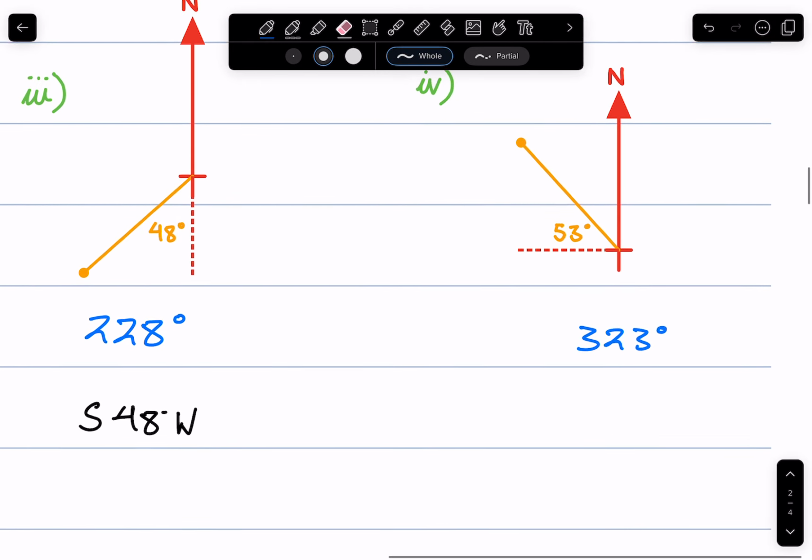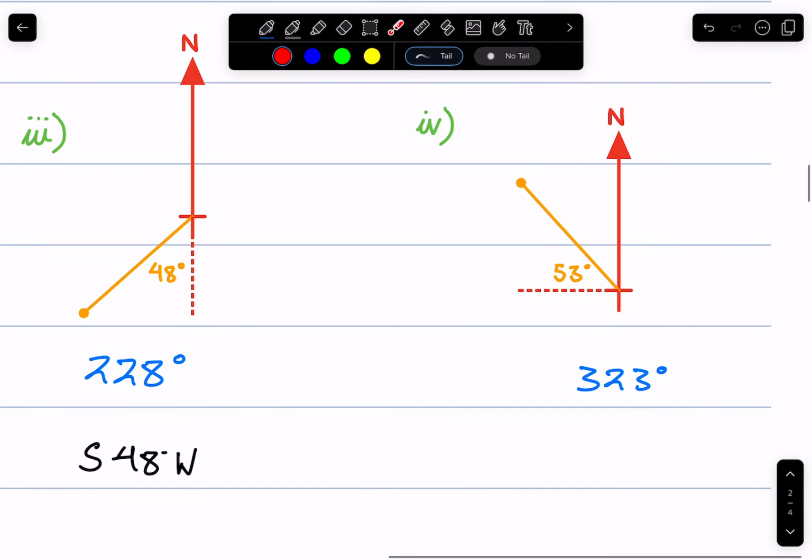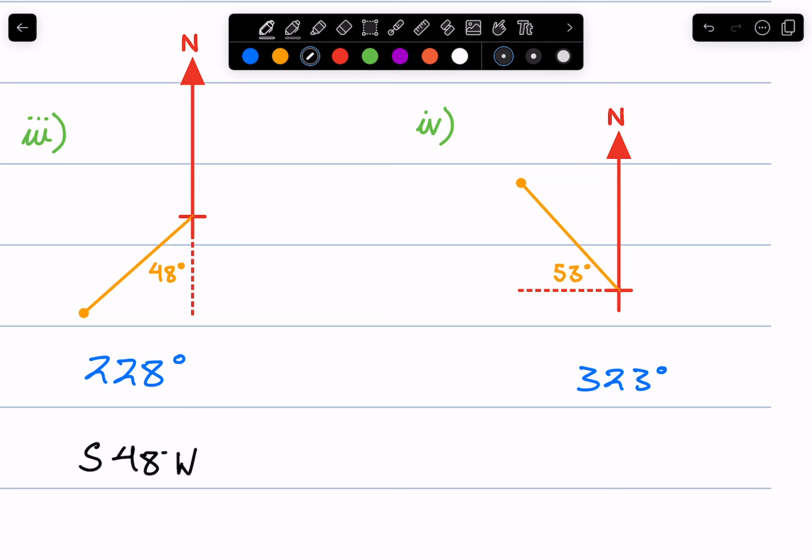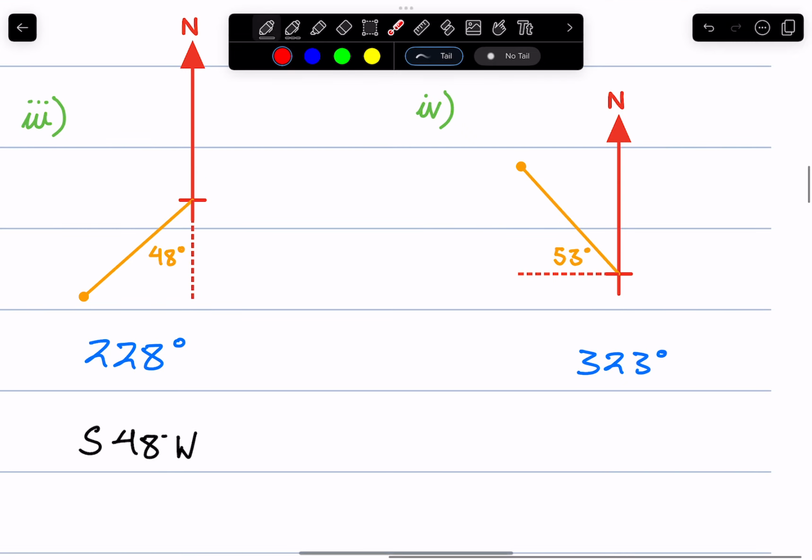And now for our compass bearing on this, remember we always begin by asking, is this closer to north or is it closer to south? This one's again a little bit more obvious. It's closer to the north, and we know we're turning to the west, so it's north something west.